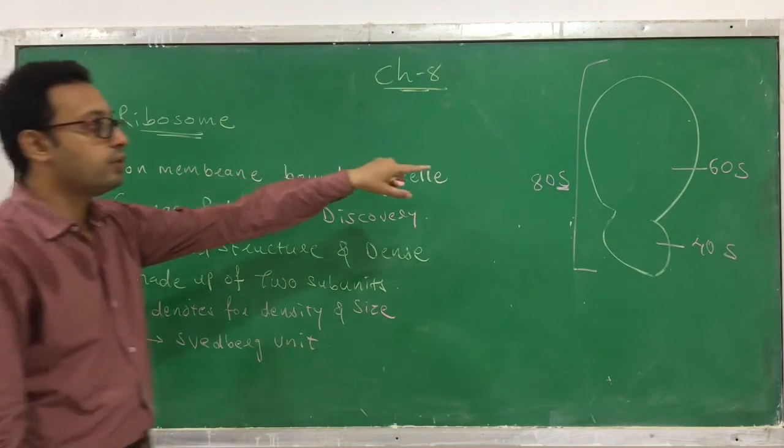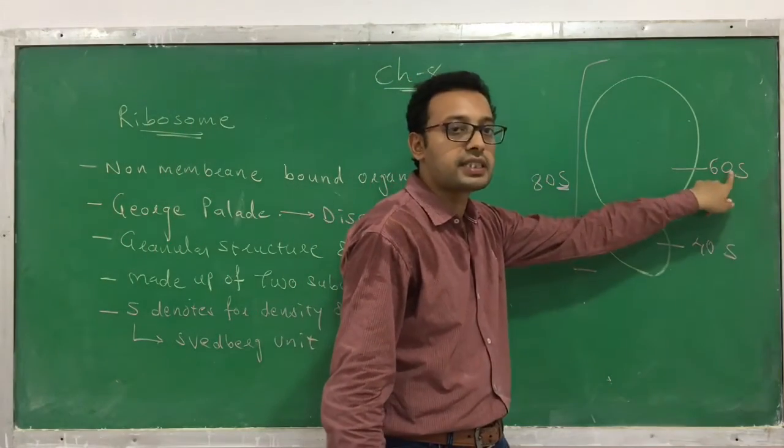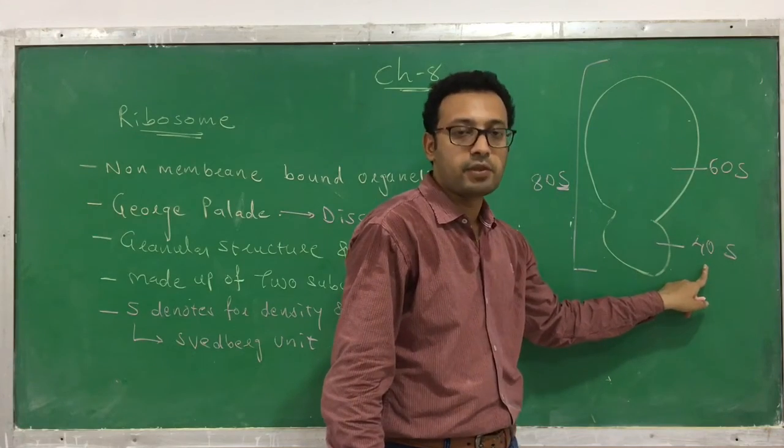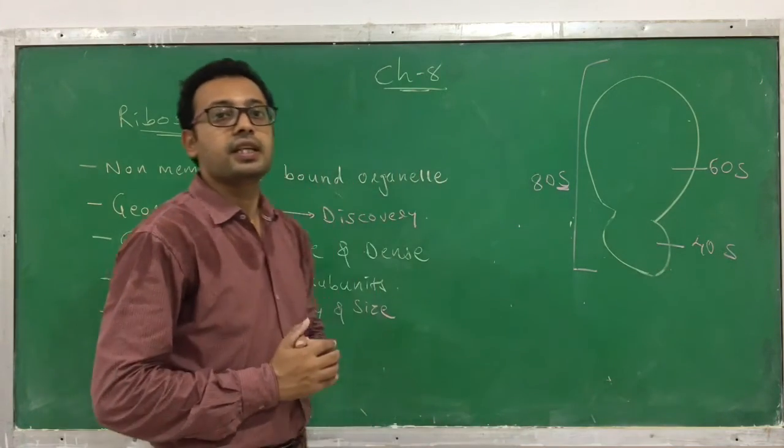Here in the eukaryotic ribosome, the larger subunit is 60 S, the smaller subunit is 40 S, and the total size is 80 S.